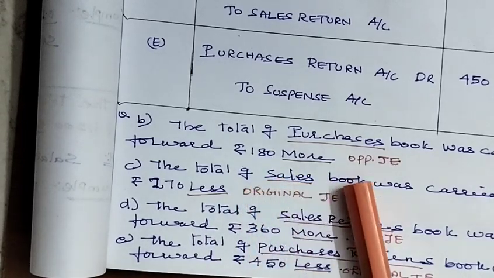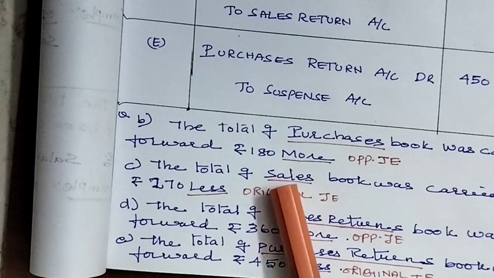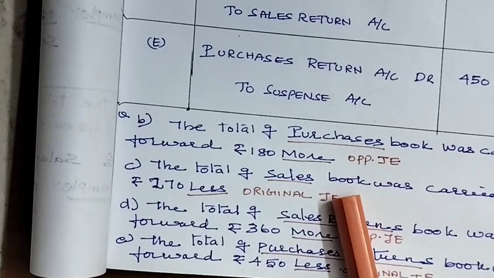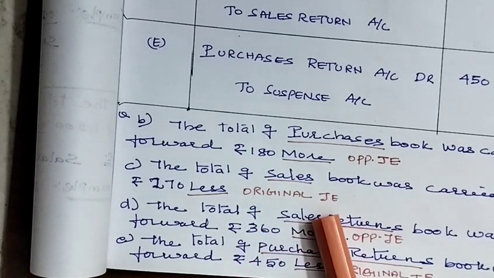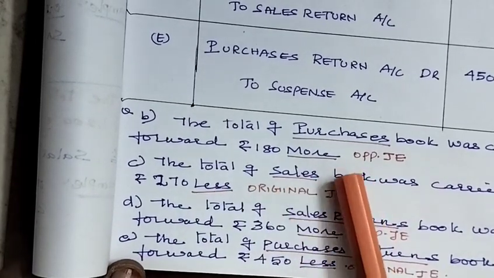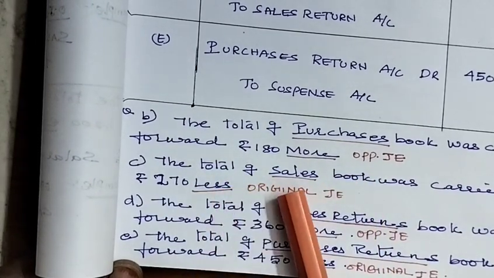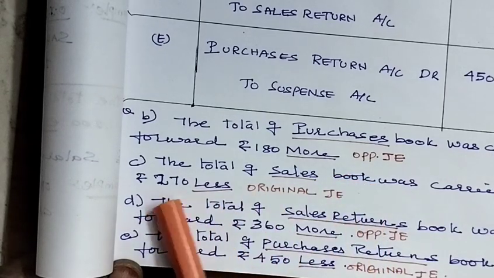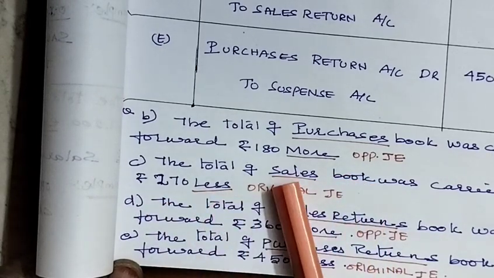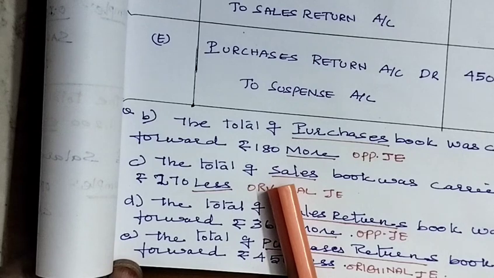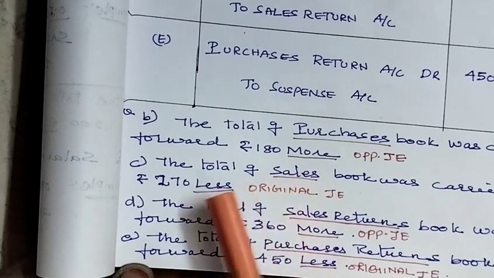What is the original entry for the sales book? Sales account is to be credited in the original journal entry. Now this transaction tells us the sales book shows 270 rupees less. This is the error. How can you rectify this error?